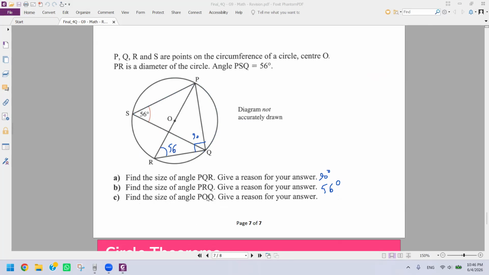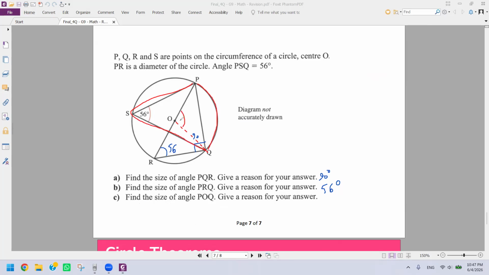Now, POQ. Here you have to draw this. So this angle is needed, POQ. What's the arc of POQ? This is the arc of it. Do I have another angle with the same arc? Yes, S. So look, S is 56 and it has this arc, and angle O has the same arc.